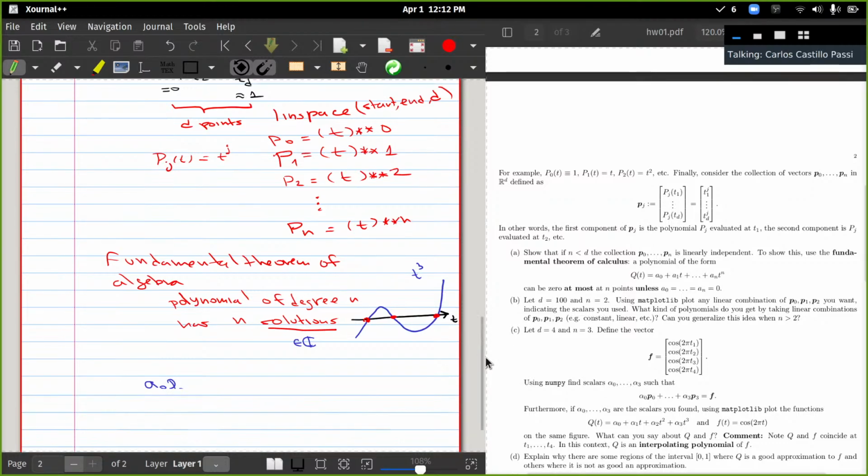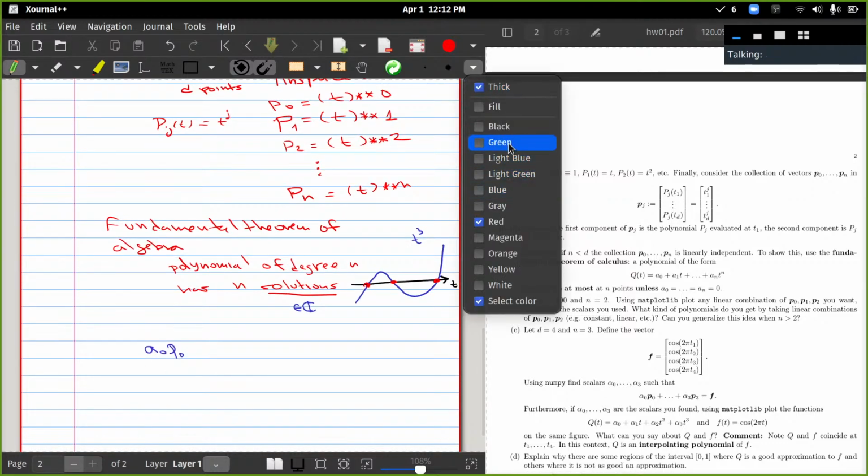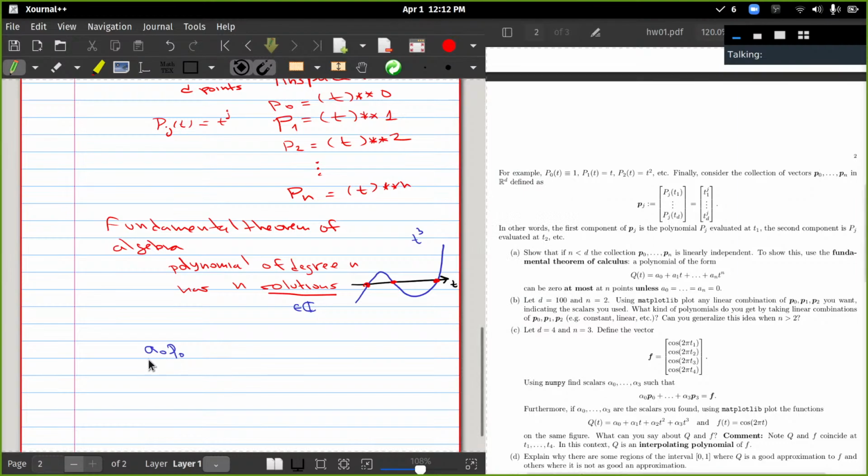So basically what you have is A0 times this vector P0 plus A1 times the vector P1 and so on until Pn. And this is a vector. A summation of vectors is a vector.